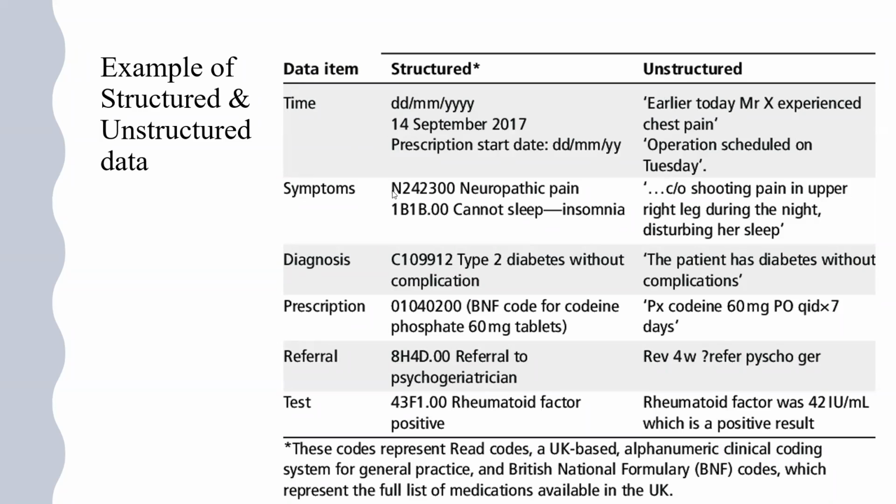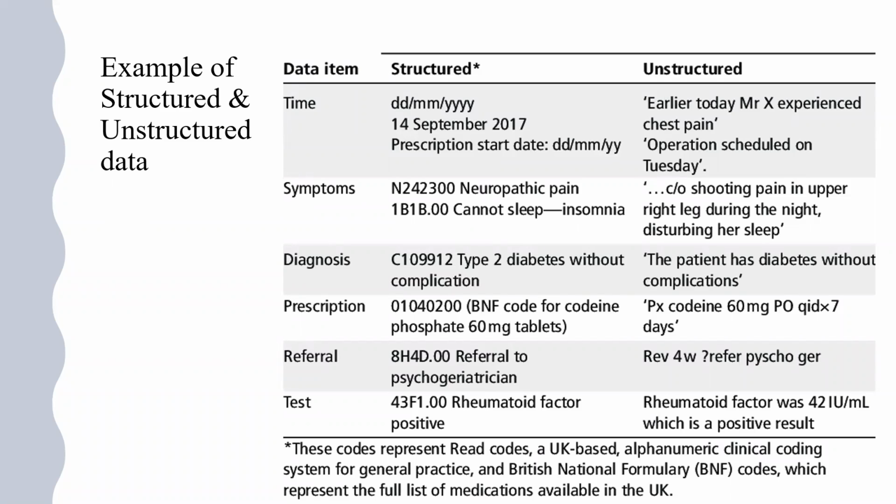So we can see that there is a certain code, N24230. That number is identified for that sort of pain, and likewise for the second symptom. You can already see the difference between unstructured and structured data: on the unstructured side, everything is represented in the form of text, whereas on the structured side, it is more organized and identifiable by a certain ID.